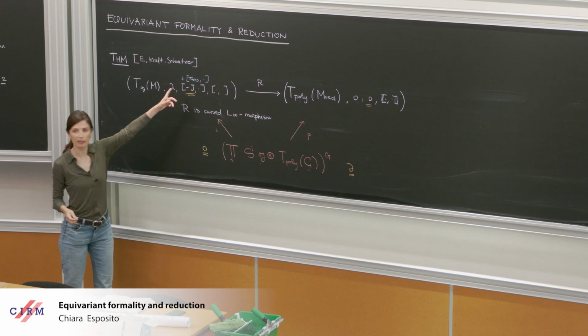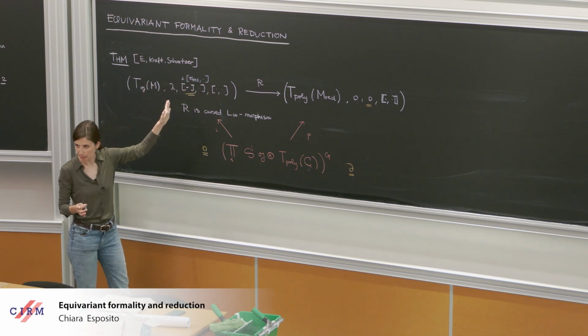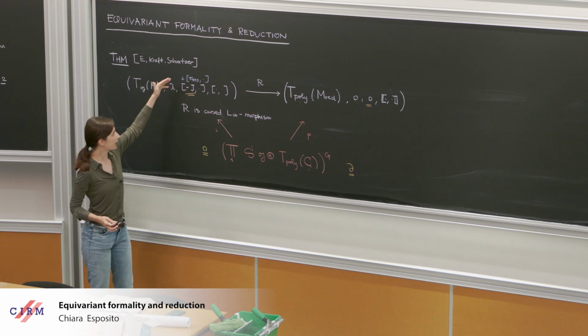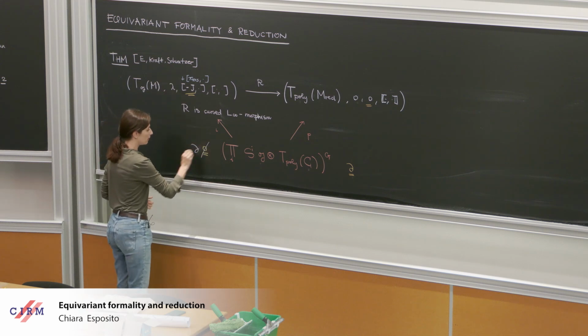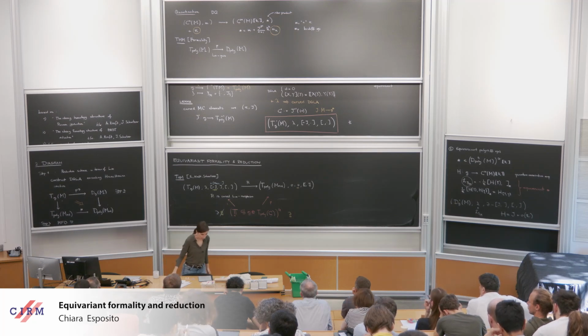And this comes out of a linear Poisson structure. You don't care about what it is. It's a Maurer-Cartan element. I can twist it, and I have what I want. So first problem is solved.